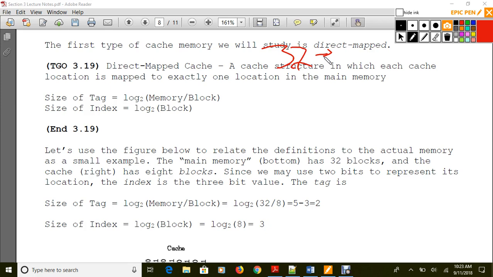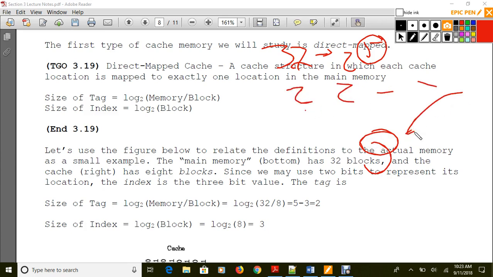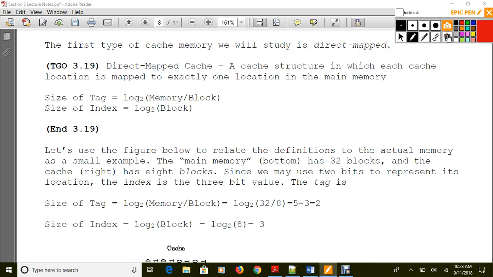Well, 32 is 2 to the 5, so that's the memory. Then I said there were 8 blocks, so there's 32 out here, and I can swap in any given value into 8. So I take log base 2 of 32 divided by 8, which is really 5 minus 3, which is 2.